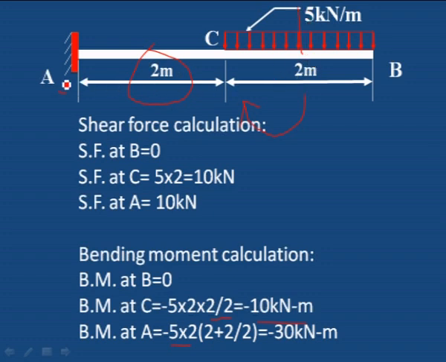That center to point A is 2 plus 2 by 2. So 5 into 2 into 2 plus 2 by 2, that is 30 kilonewton meter, the bending moment at A. That is the maximum bending moment. Like this, when UDL is given, the UDL central point is taken from the particular point where we require the moment.